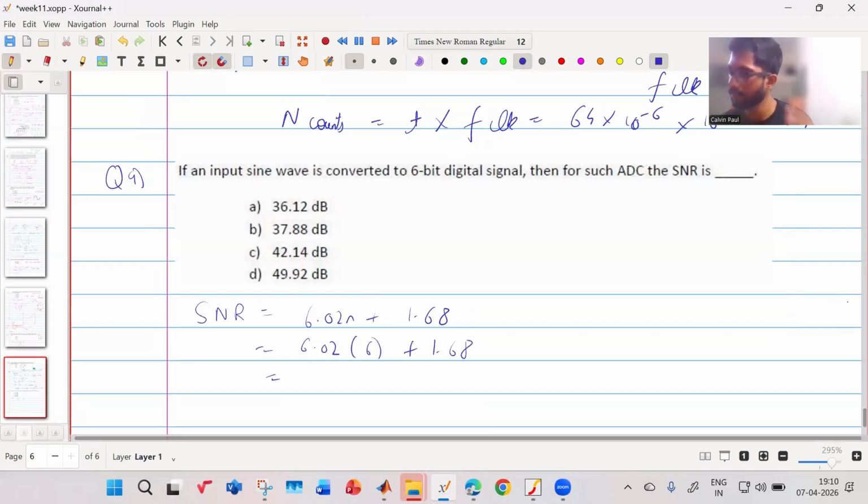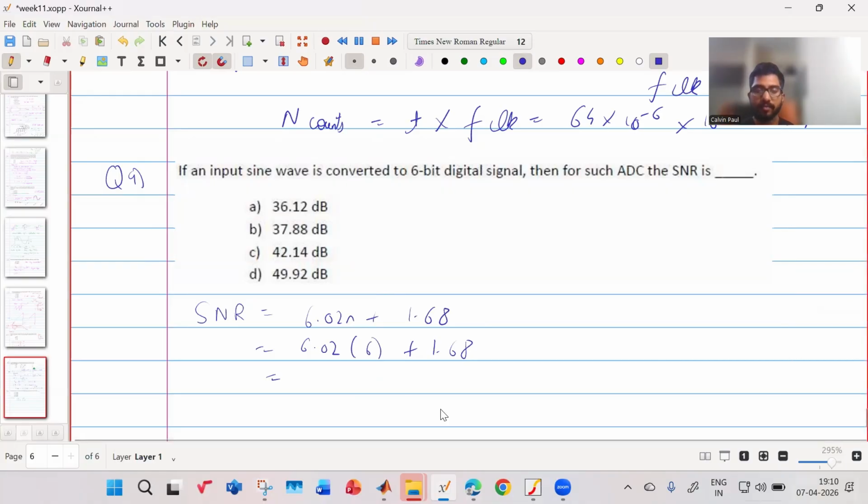How much is this? Okay, 37.8. So that corresponds to this answer.